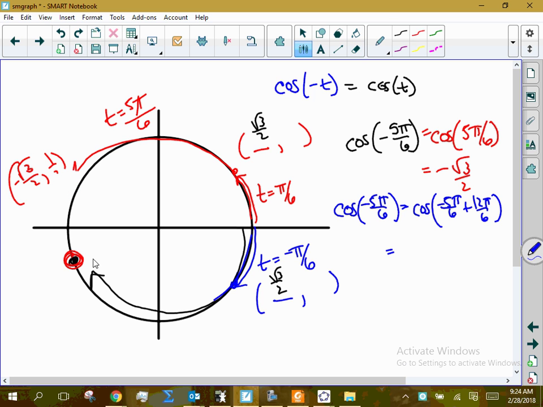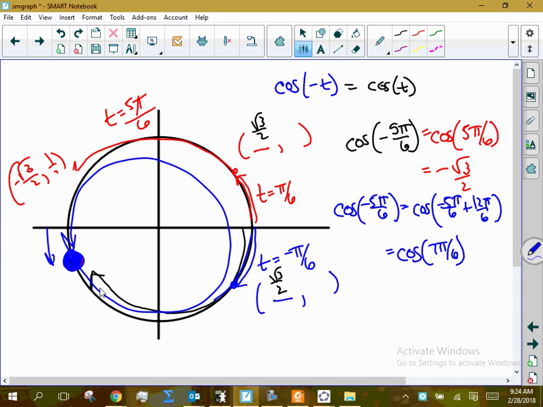If I go this direction and stop at that point, isn't it the same thing as if I had started by going around one more entire time and getting back to the same point? So let's add 2 pi to that, and I get cosine of 7 pi over 6, right? Is this the point associated with 7 pi over 6? Yeah. That little arc right there would be pi over 6 beyond pi, so it would be 7 pi over 6. So you could do it that way if you want to.